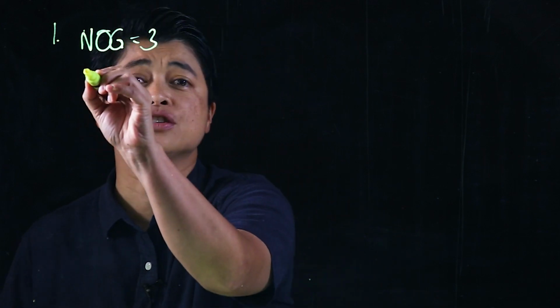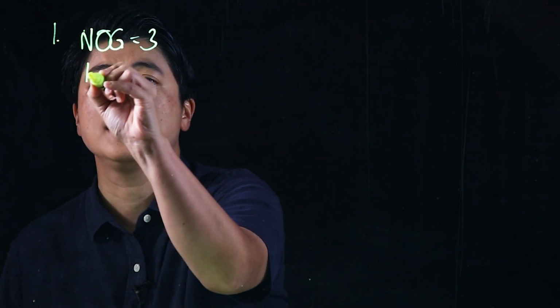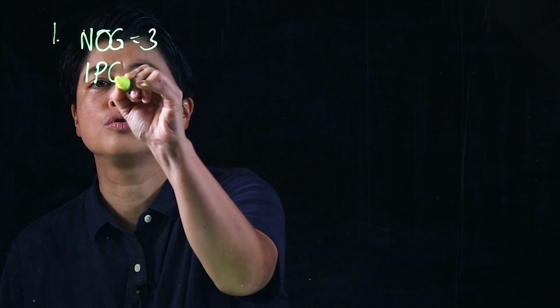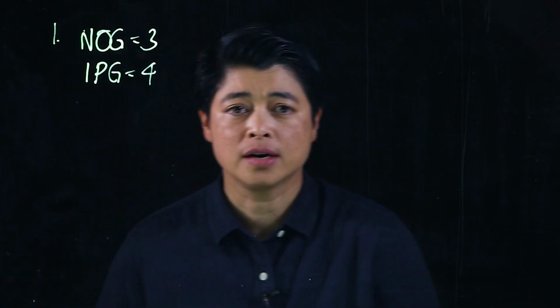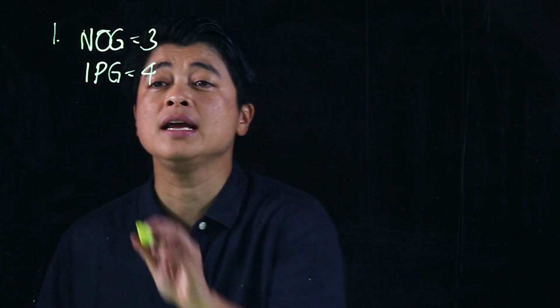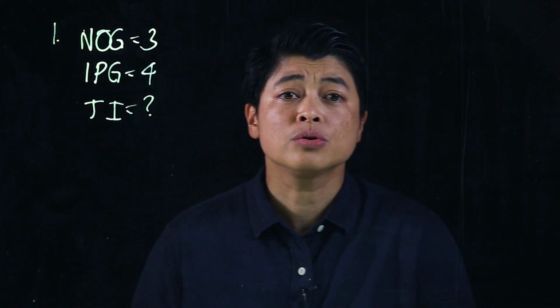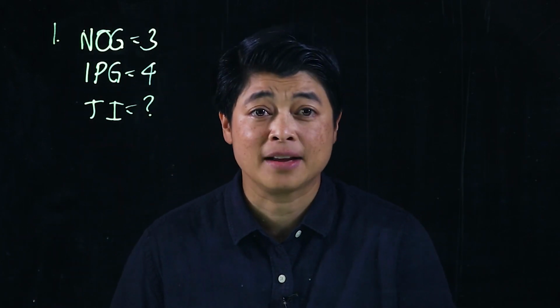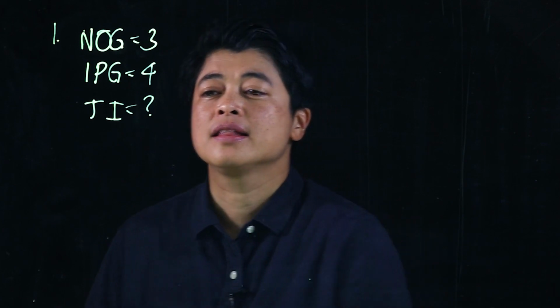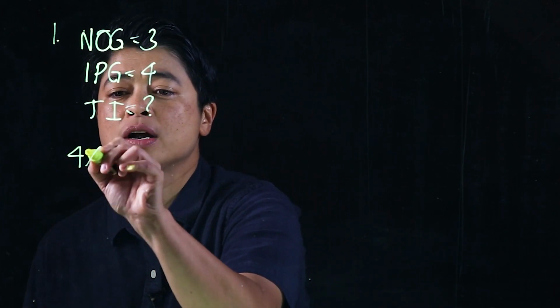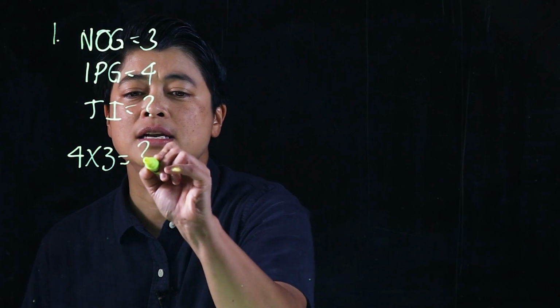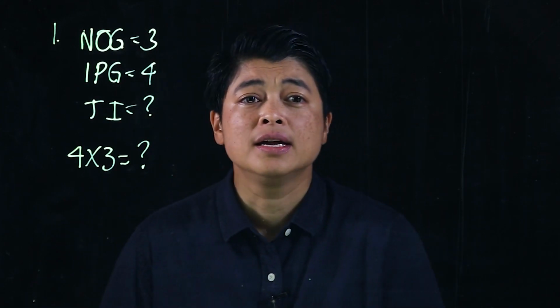And the drawing has 4 legs to each frog, so that means items per group is 4. The question is, how many legs are there all together? So total items is missing. So here, the equation will be 4 times 3 is equal to question mark.